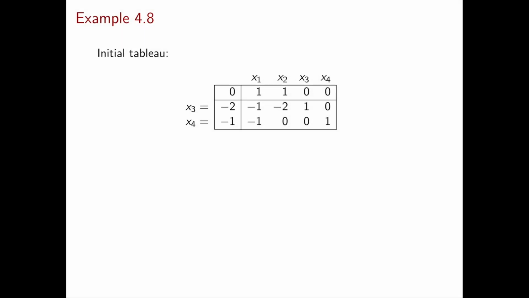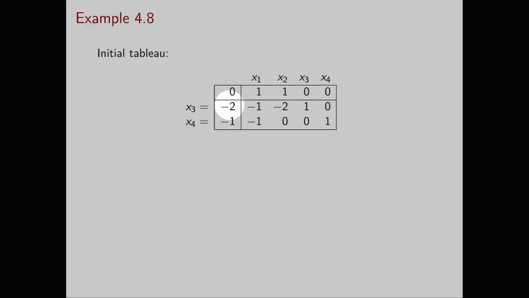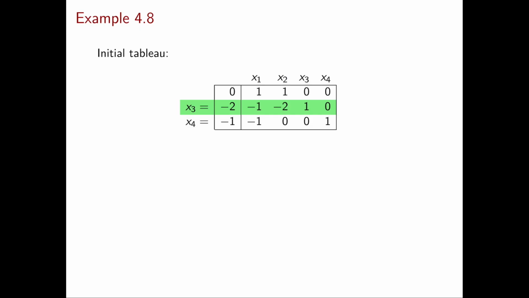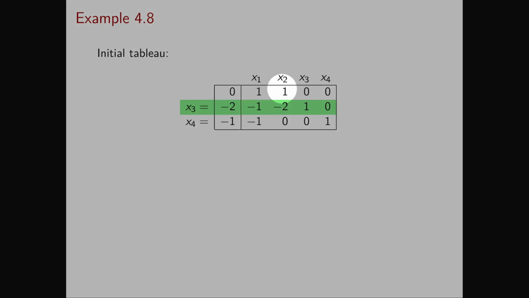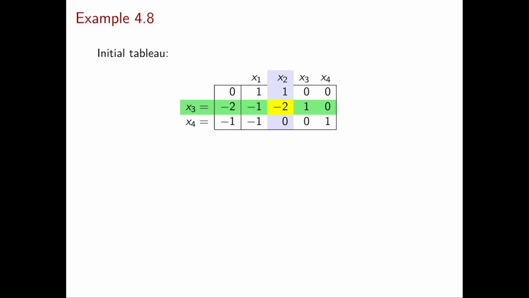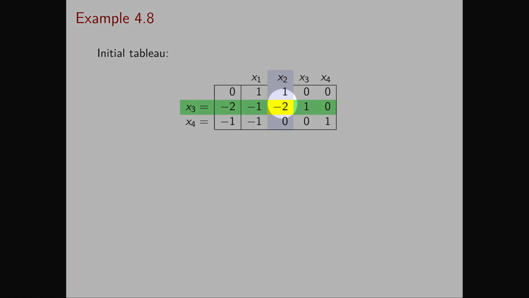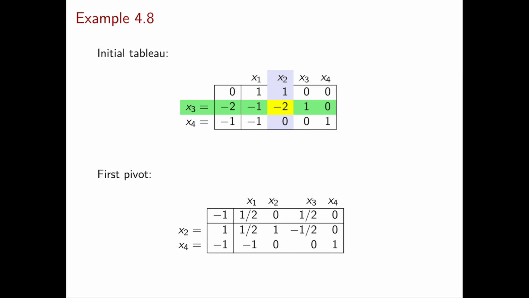Now let's perform the dual simplex. We select the negative entry minus 2, and so the first row of the tableau is the pivot row. We compute the ratios 1 divided by 1 and 1 divided by 2. The smallest one is achieved by x2, which then determines the pivot column. If you now perform the pivot, you obtain the tableau at the bottom of the slide. We still have a negative entry in the zeroth column, and so the second row is the pivot row.